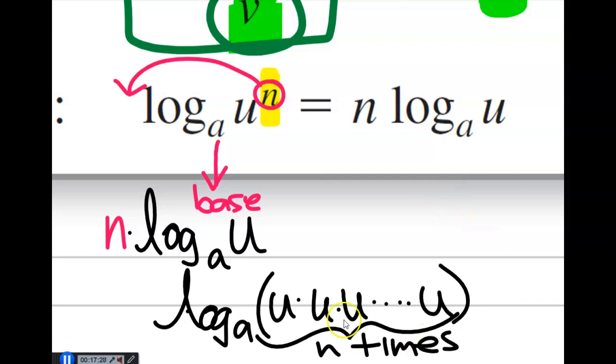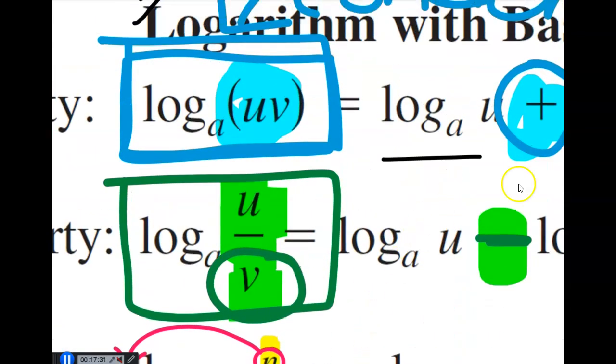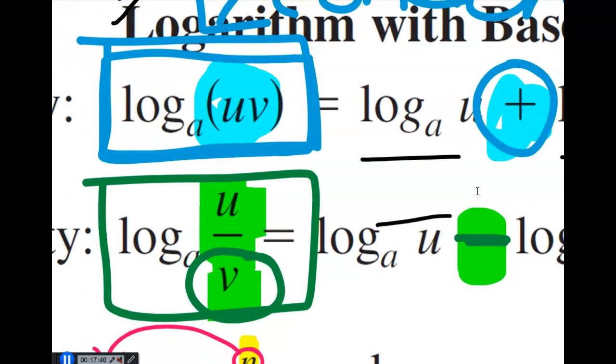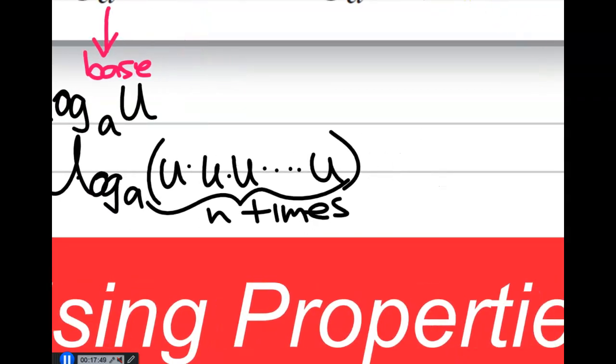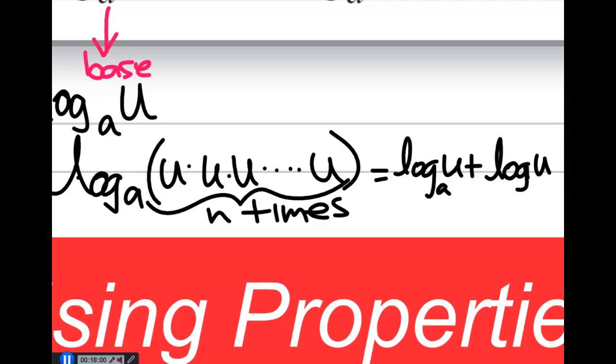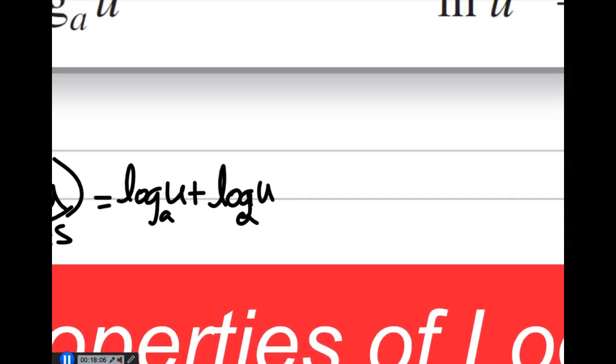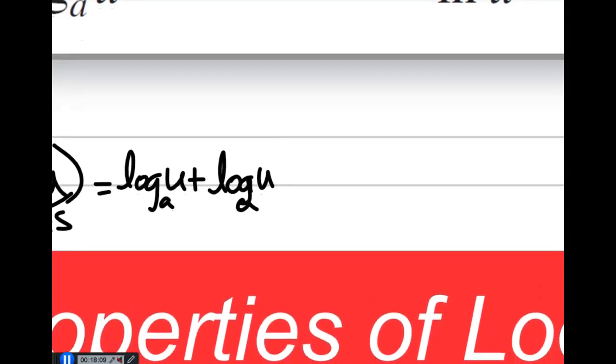And if we were to apply the product property, the one that expands into a sum of two logs, then we will have the log of u base a plus the log of u base a, and that addition repeating.